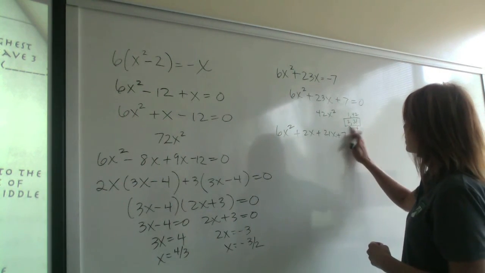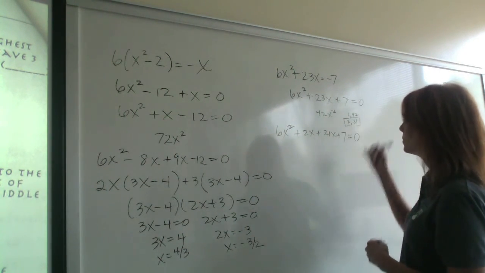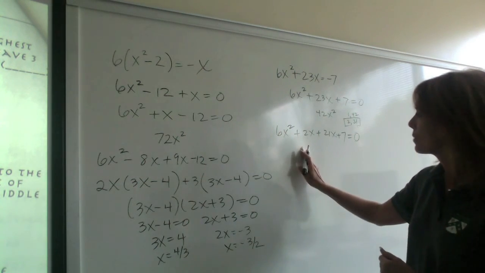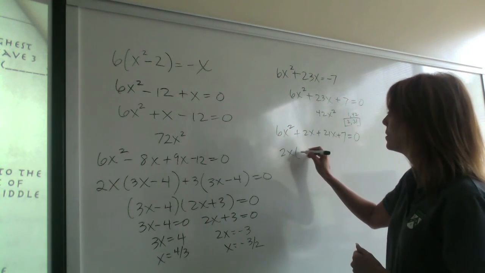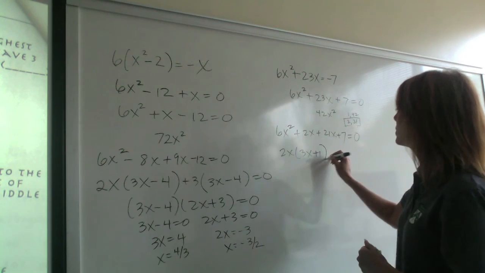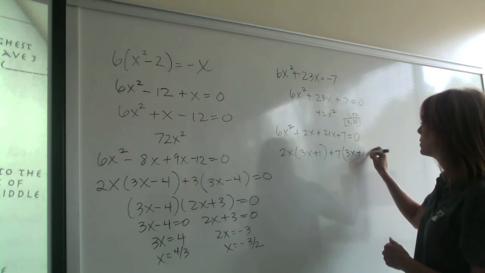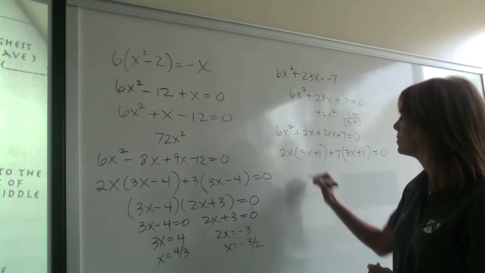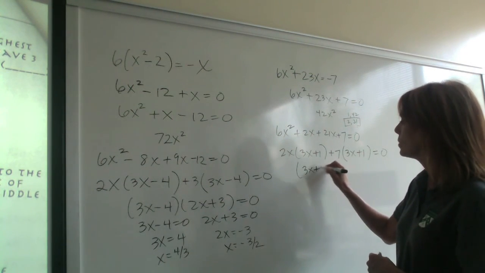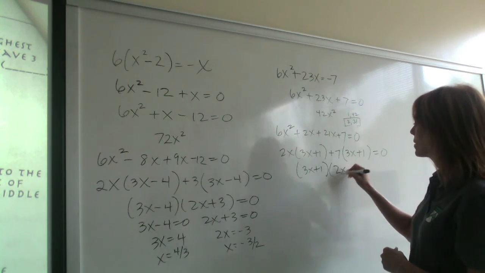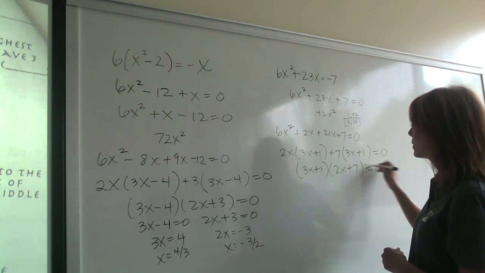All right, so let's go ahead and set that equal to 0, right? And factoring by grouping again. 2x, 3x plus 1, plus 7 times 3x plus 1 is equal to 0. 3x plus 1, 2x plus 7 equals 0.